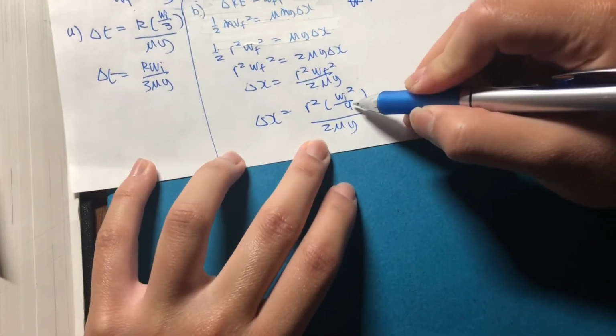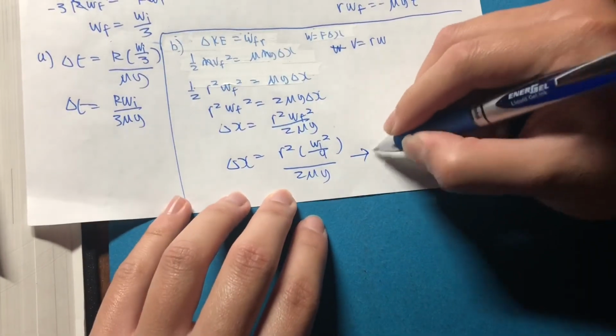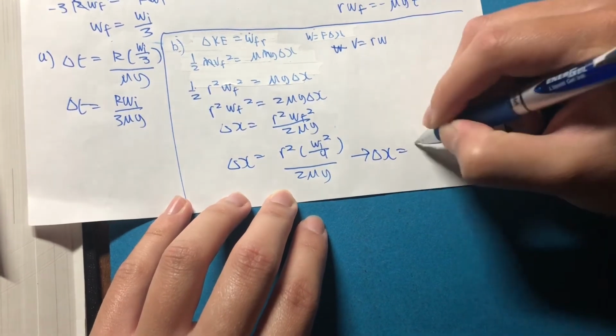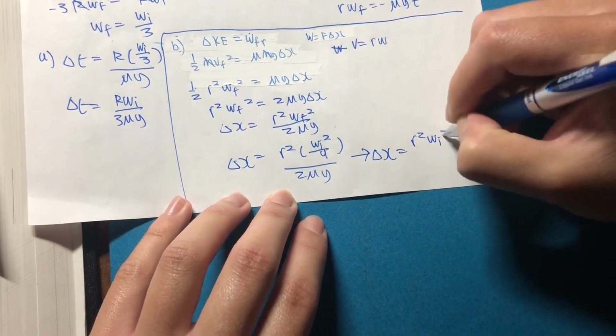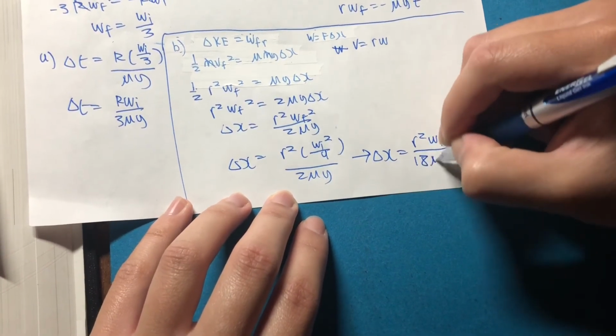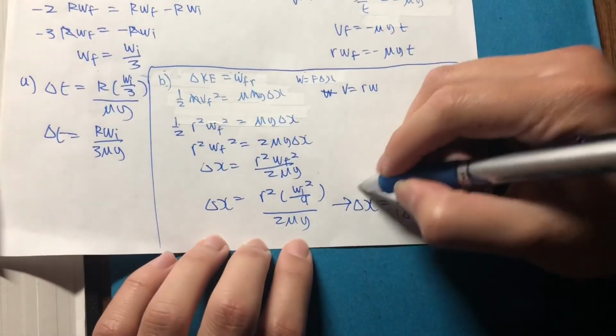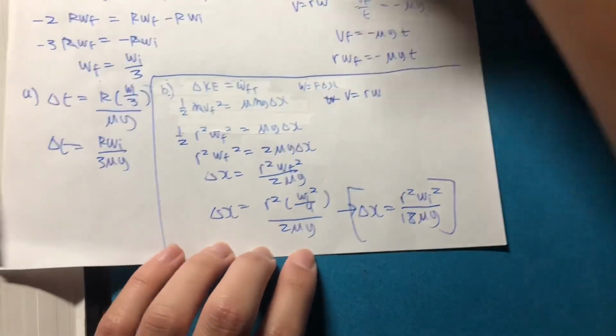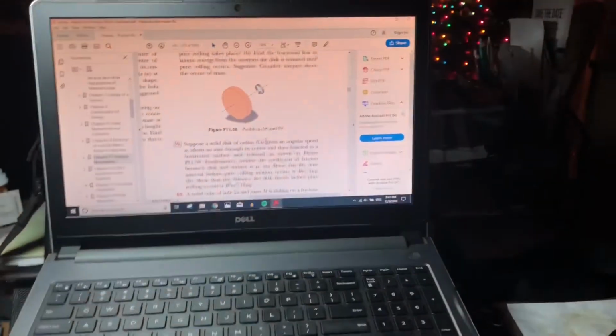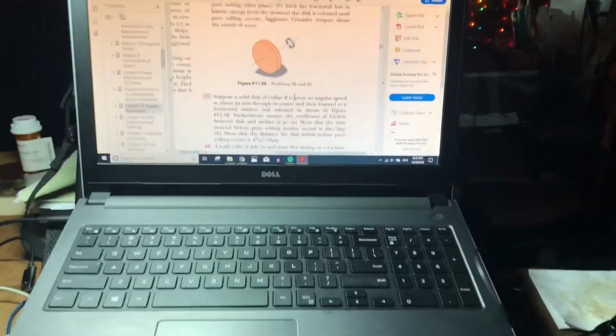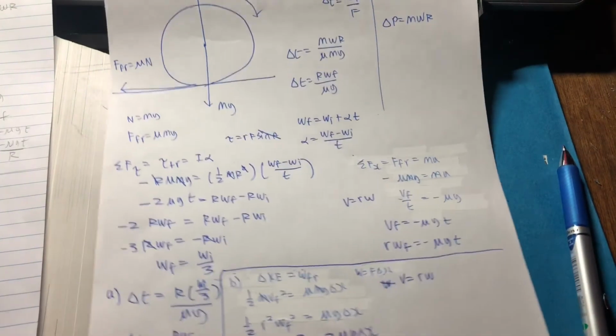And then you can move that 9 down there. You'll finally get delta x equals r squared omega initial squared over 18 mu g. And this matches exactly what's said in the textbook. And this is how you do problem number 59.